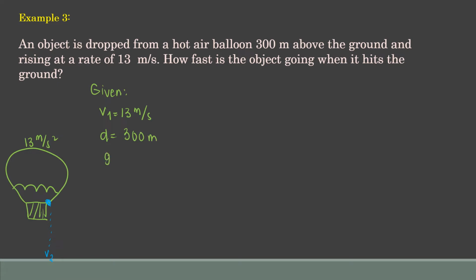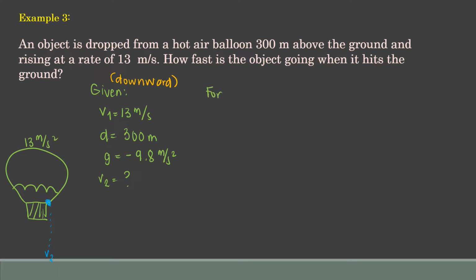We are given our acceleration due to gravity, which is 9.8 meters per second squared, and we are going to determine the final velocity. Take note also that the object is in downward motion, so we will consider all our givens as negative because of the direction.